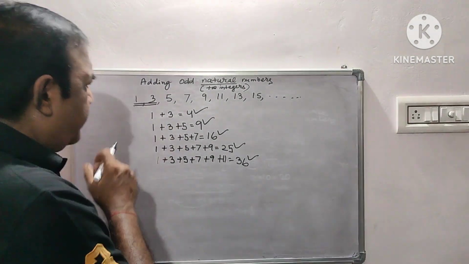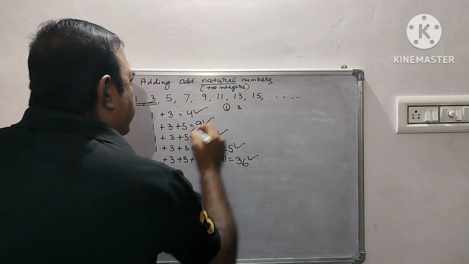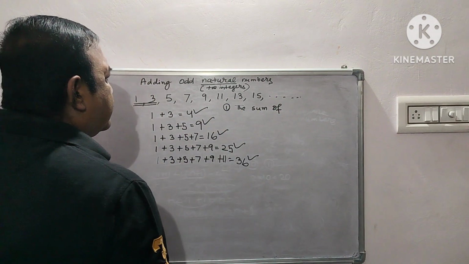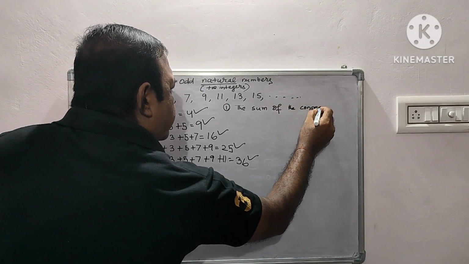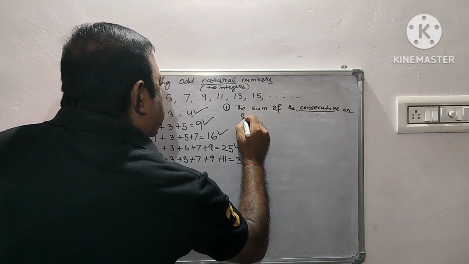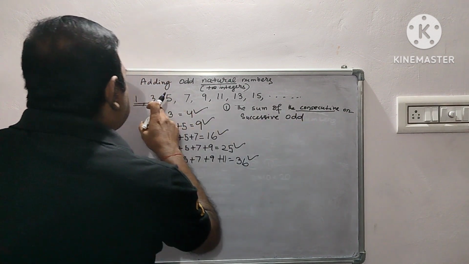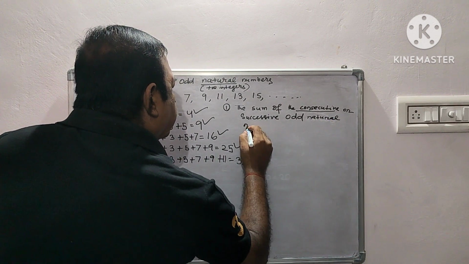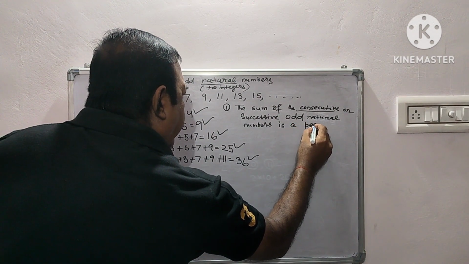So what do we know from it? First, you have to remember the sum of the consecutive, or you may tell successive, odd natural numbers is a perfect square.